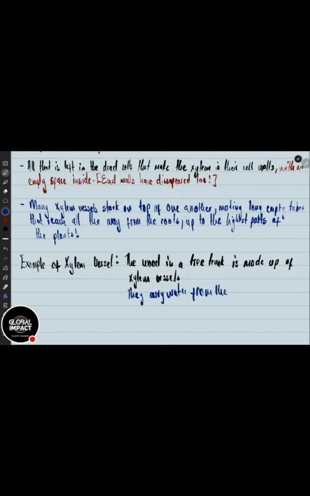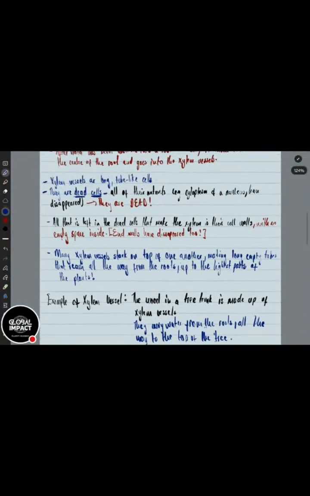From the roots all the way to the top of the tree. Done.